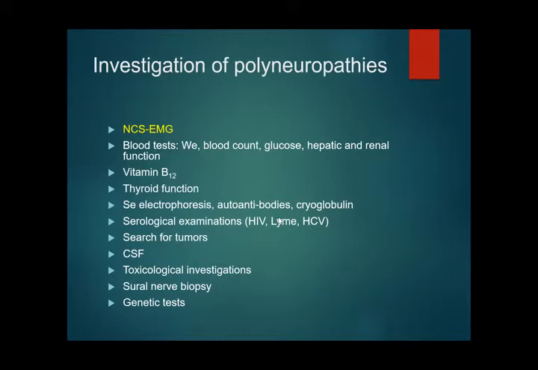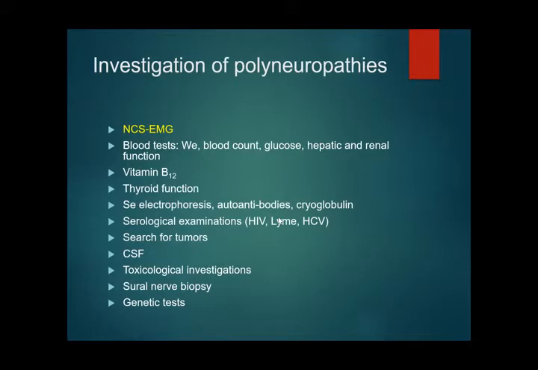In hepatitis C, cryoglobulinemia can cause neuropathy. Serological examination like HIV, Lyme, and hepatitis C. We can look for tumors if the history and symptoms are suggestive, and we can do CSF analysis, and if any toxin is suspected, we can investigate for that. We can do sural nerve biopsy to look for demyelination, onion skin pattern on biopsy, and we can do genetic testing when we're suspecting hereditary neuropathies.